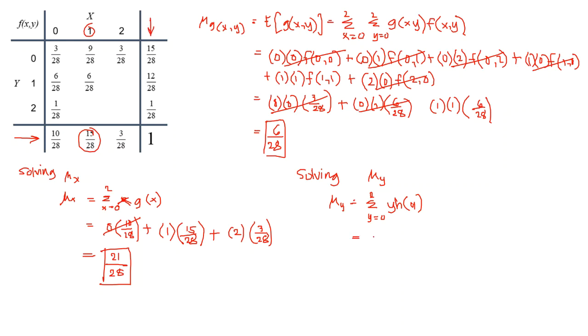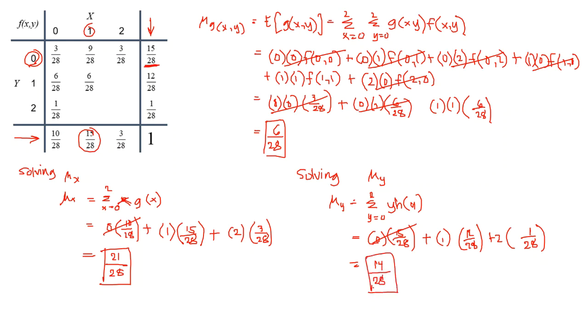We have 0 as our first value, and our probability is 15 over 28, plus 1 times 12 over 28, plus 2 times 1 over 28. Add them together, you have 12 plus 2, so that is 14 over 28. So this is now the mean of our y.